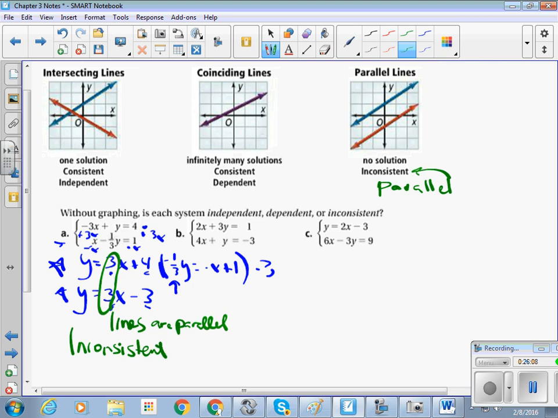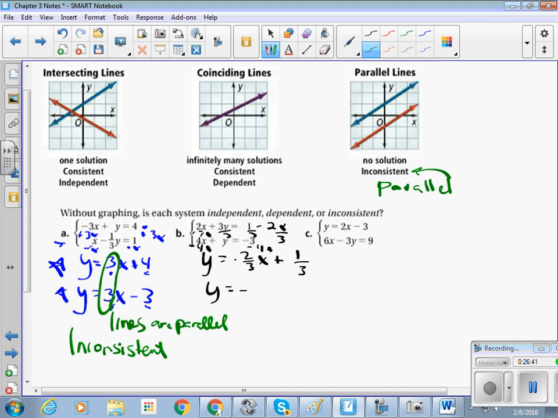Okay. Let's look at our next equation. I'm going to subtract 2x and divide by 3. And I get y equals negative 2/3 x plus 1/3. And then for the second one, I'm going to subtract 4x from both sides. So I get y equals negative 4x minus 3. I compare my slopes.